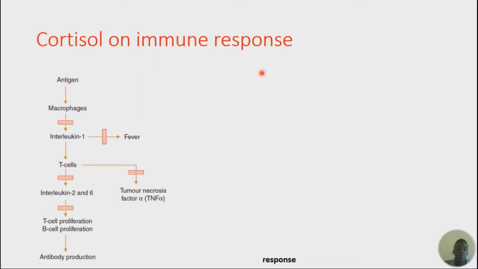Cortisol on immune response. How does cortisol affect immune response? Basically, look at this. We have an antigen stimulus, and macrophages produce interleukin 1. Cortisol inhibits this step here. The same cortisol inhibits formation of fever. Interleukin 1 is responsible for activating T cells so that they release interleukin 2 and 6.